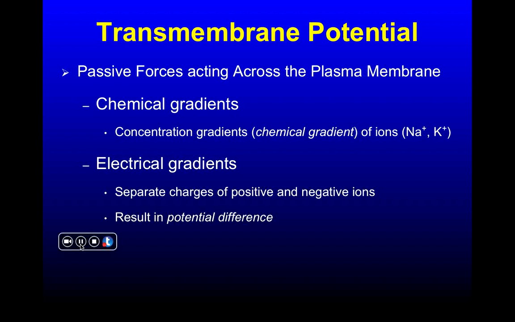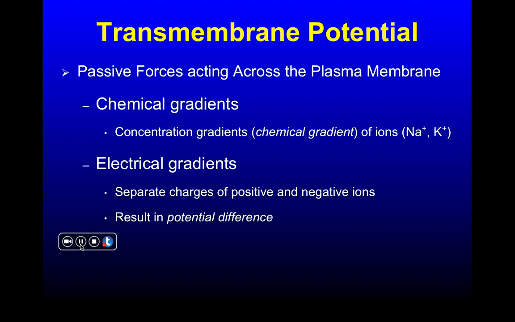Notice and remember that these particular compounds, or I should say elements, have charges. That's why they're ions. So it's not just Na, it's Na+. And it's not just K for potassium, it's K+. So these have charges. So that means if there's more positives on one side of the membrane and more negative or less positives on the other side, that's going to create a gradient too. That's called an electrical gradient.